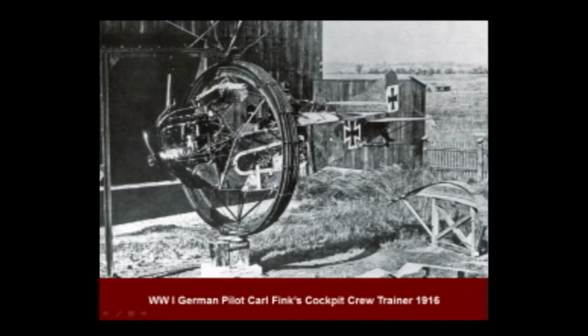So they put together and made a simulation. They took the fuselage and they mounted it on a large, large wheel that you can see here. And the individual would get in the rear seat, and then the pilot in the front, and then someone would rotate this wheel, and the cockpit was pinned on the back, so the entire thing would roll over, and that way the crew would be able to practice, experience what might happen in the real world when they're in combat.